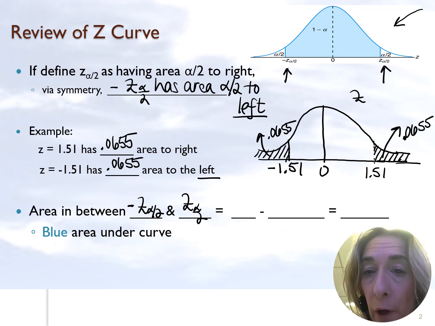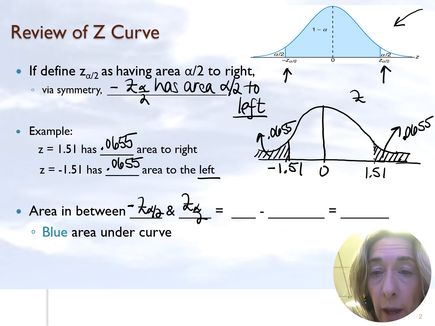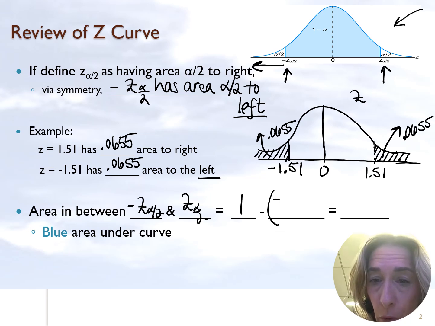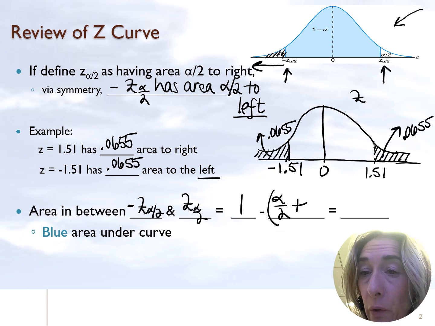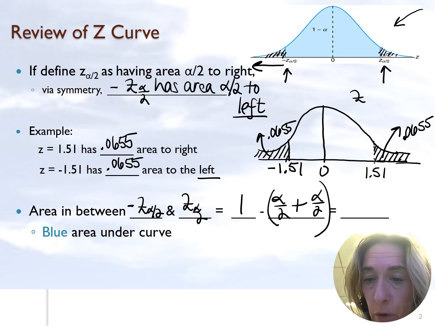So the area under the curve in between those two values is 1 minus the area that's to the left of the negative value, which is alpha over 2, plus the area that is to the right of positive Z of alpha over 2, which is also alpha over 2. So that simplifies to 1 minus alpha.